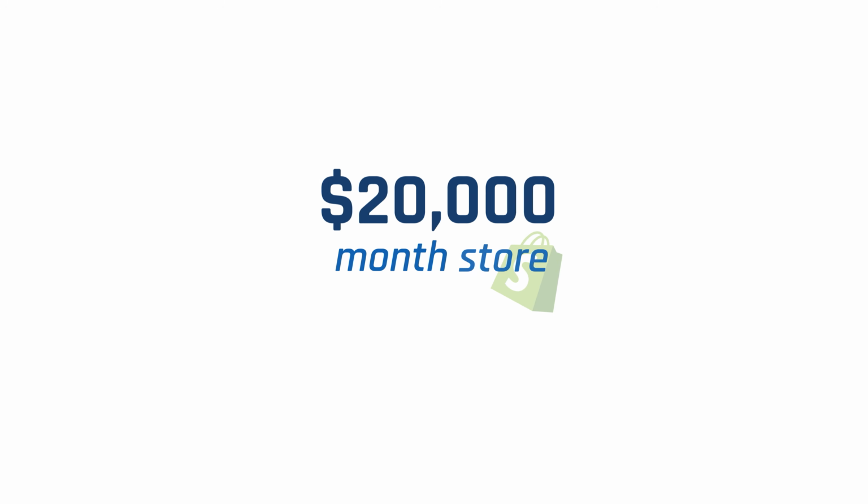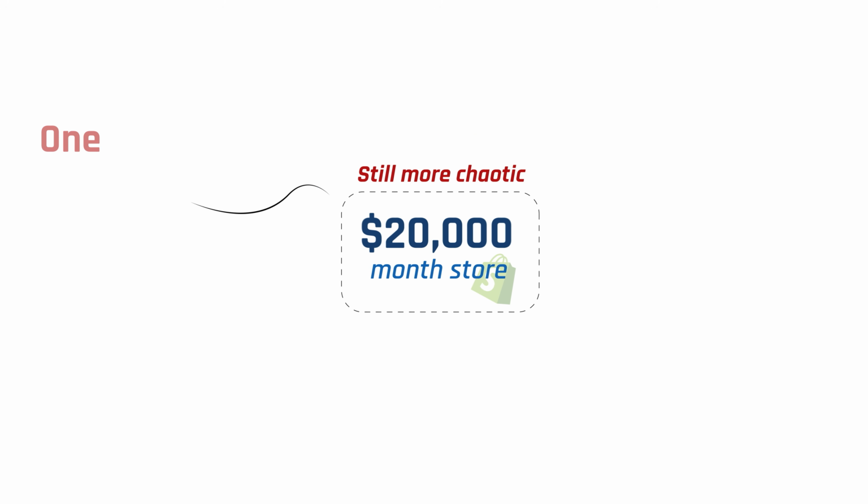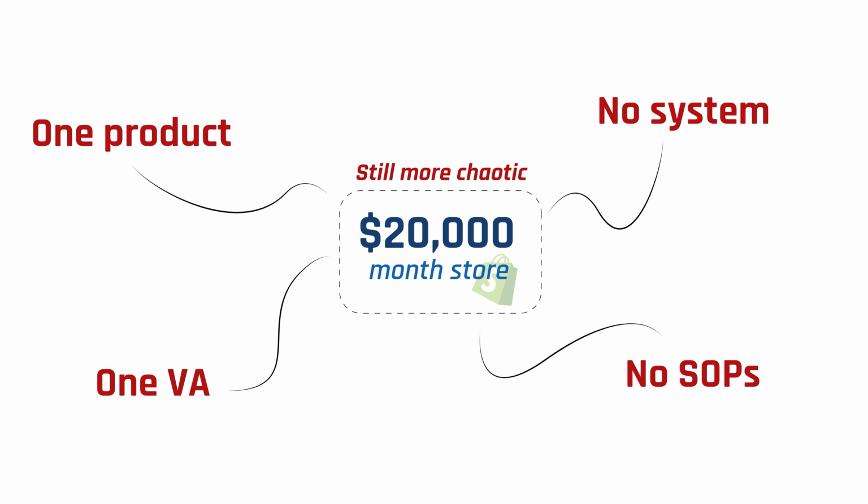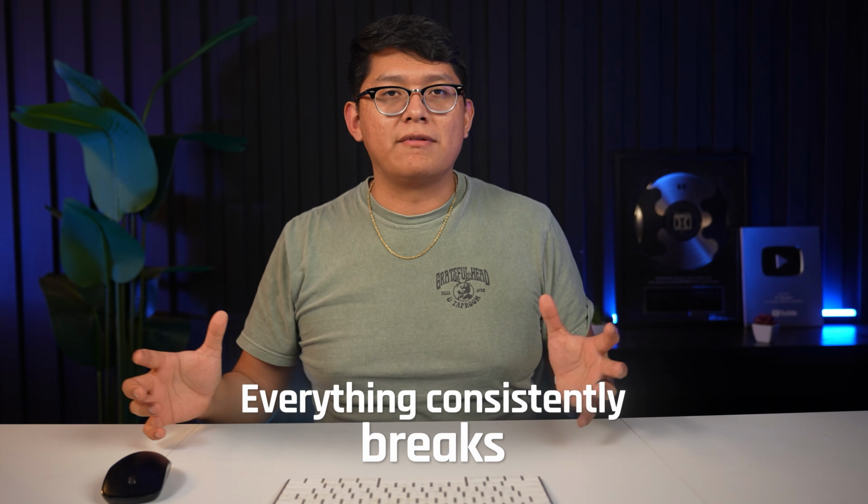Now, that is what separates operators building real businesses from dropshippers consistently restarting from zero. System integration. A 20K month store is still more chaotic. One product, one VA, no system, no SOPs, everything consistently breaks. But real e-commerce brands operate entirely differently.